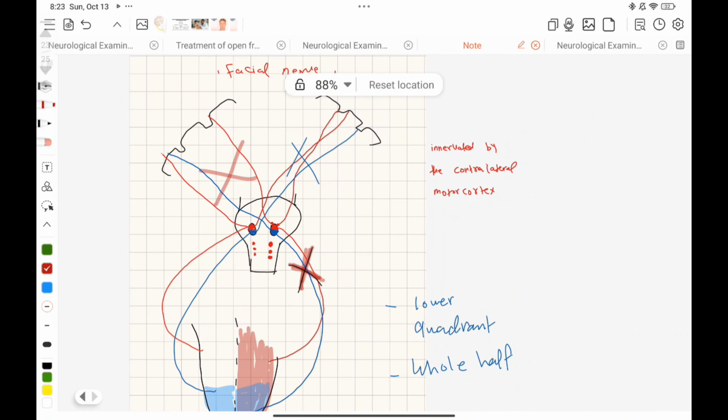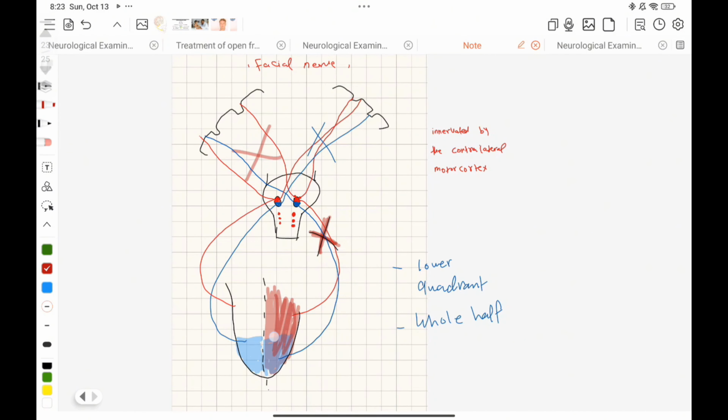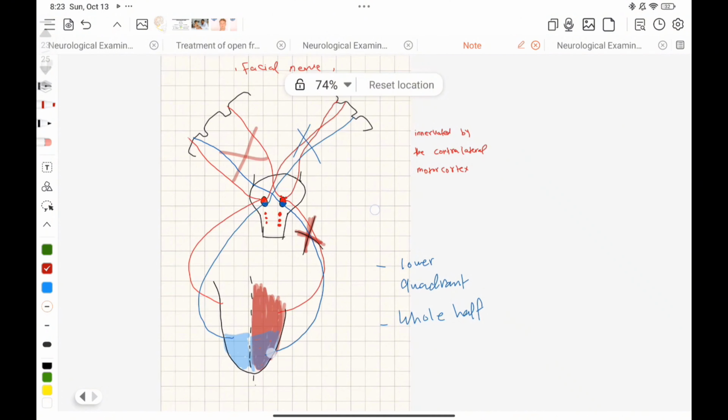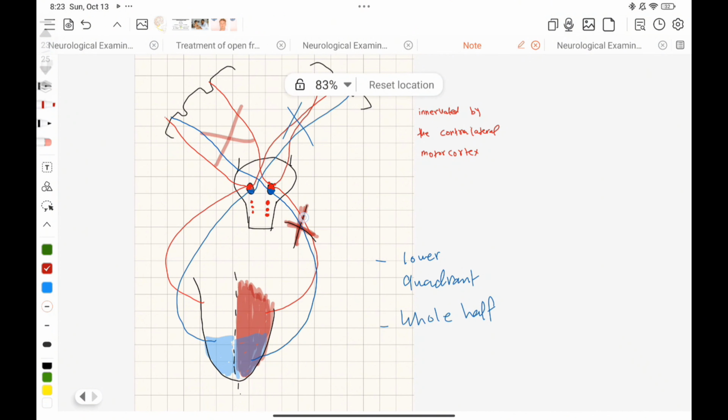The whole fibers were cut, okay? So there will be facial palsy on the whole face, and also it will be ipsilateral to the nucleus location, because the cut was after decussation of the nerve, okay?